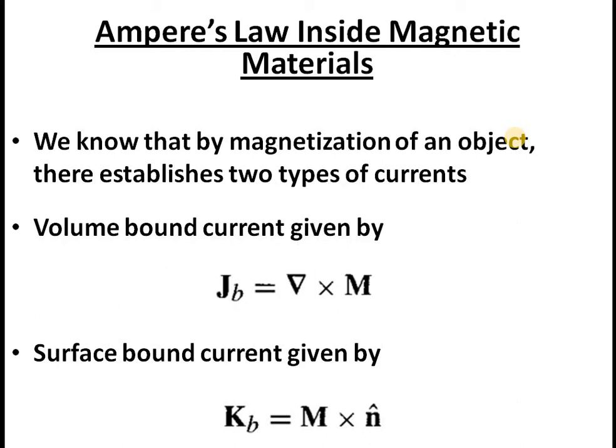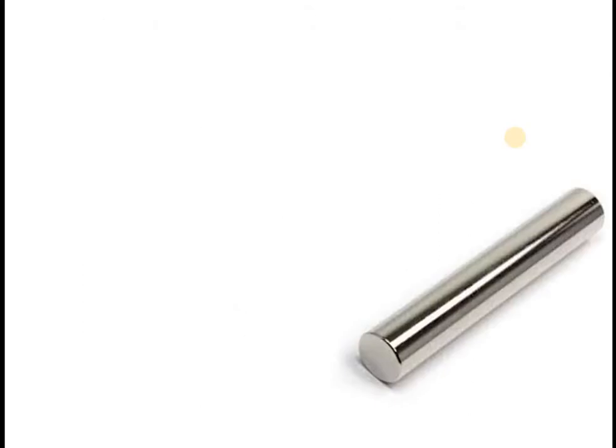So these were our notations. These are to be included in our present discussion when we are talking about Ampere's law in a magnetized object. Suppose this is our magnetized object, for example, a steel rod. A steel rod can be magnetized. So if you apply a voltage, there will be normal current also.